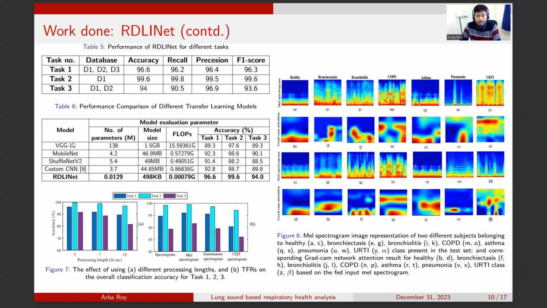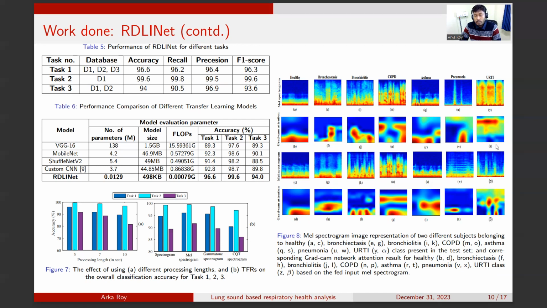A standard model comprises 138 million parameters, or 4.2 million parameters. However, we need just 12,000 parameters to classify these respiratory disease classes. And in terms of accuracy also, we are beating each and every network that has been proposed previously.